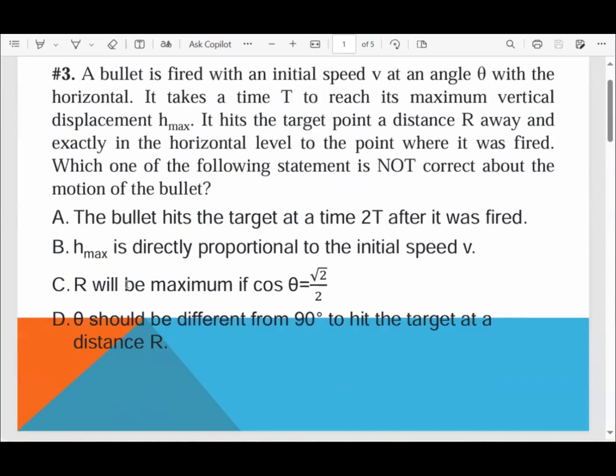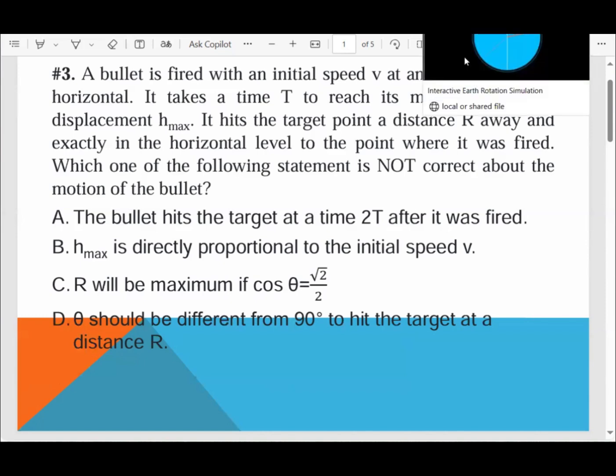The other one, C, r will be maximum if cos theta is root 2 over 2. We know from your mathematics lesson that cos of theta equal to root 2 over 2 means theta is 45 degrees. If theta is 45 degrees, as we have seen in the practical case, the range becomes maximum, therefore C is true. D, theta should be different from 90 degrees to hit the target at a distance r.